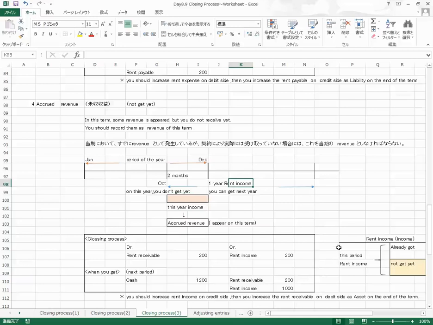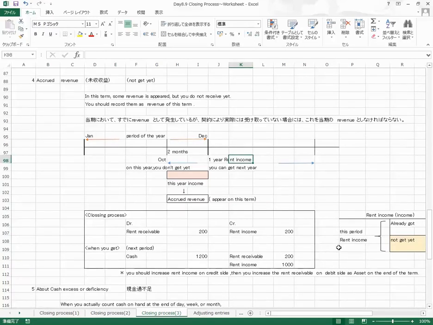So in real, you do not get the 2-month rent, but in accounting, you should record rent receivable 200. Rent income 200 in this term, because it is for these 2 months, October to December. But you do not receive the real cash, so you put rent receivable 200.